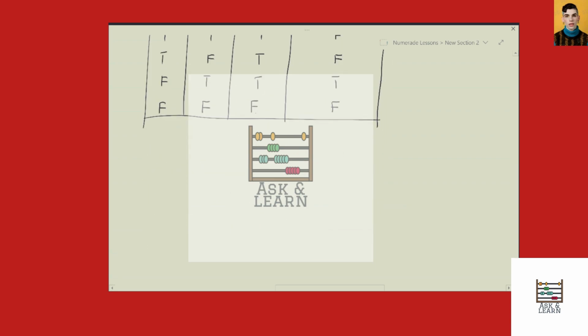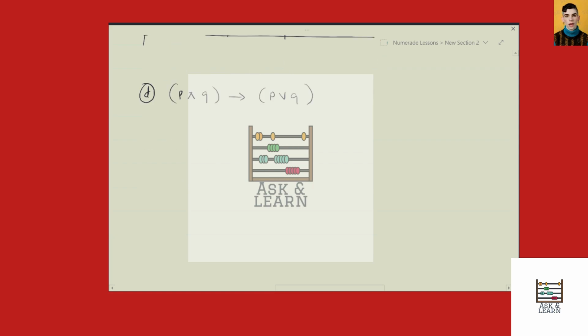So let's go to the next one. The next one is P and Q implies P or Q. Okay, so let's look at the P and let's look at the Q. So we have true, true, then false and false.